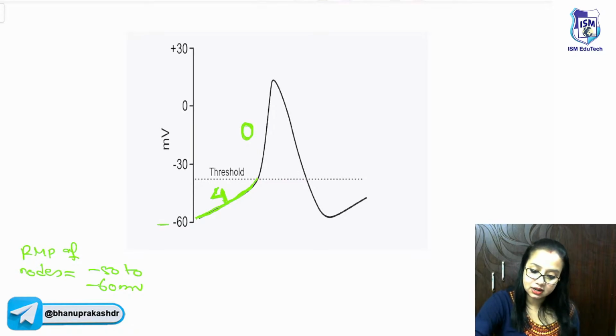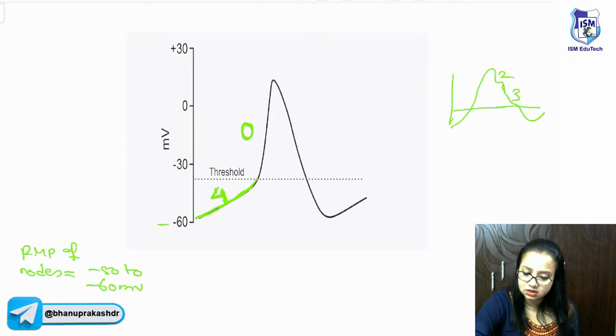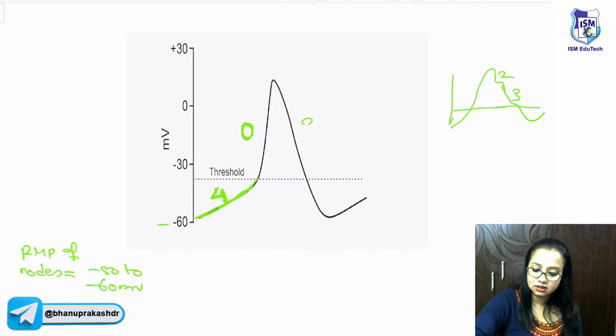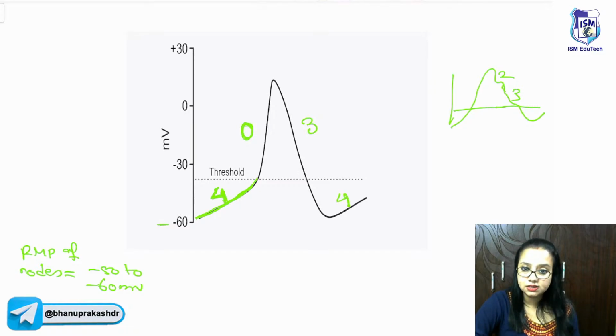In some graphs, there may be something like this also, in which case we say this is phase 2 or this is phase 3. But overall, we may take phase 2 and 3 together, clubbed up, and call it phase 3. So in the slow type of response, we have only 3 phases.